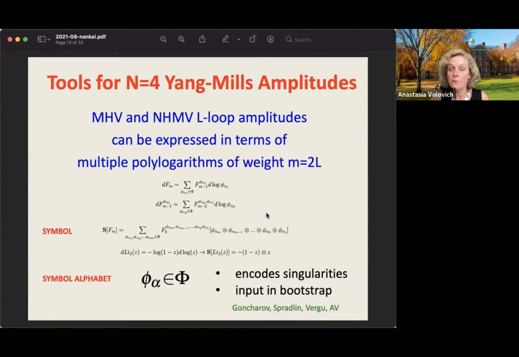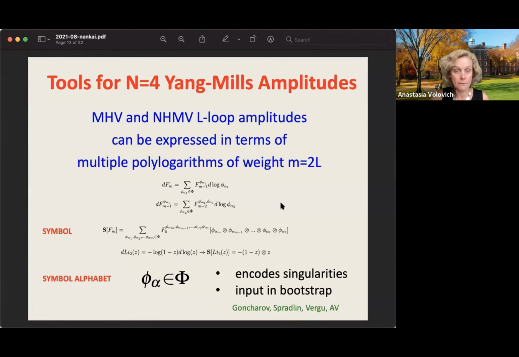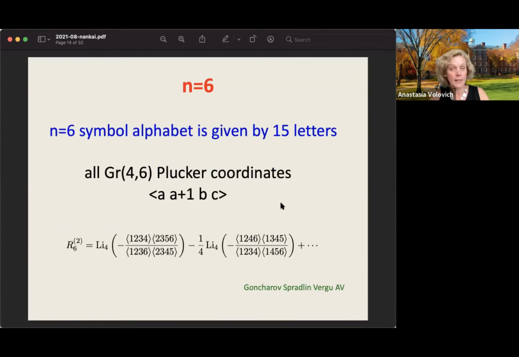And they are also very important for this bootstrap. When I was telling you here, I was just hand waving, but actually one starts with a known symbol alphabet and then bootstraps that. So it's very, very important. So these are the two special things that happen for N=4 Yang-Mills theory.